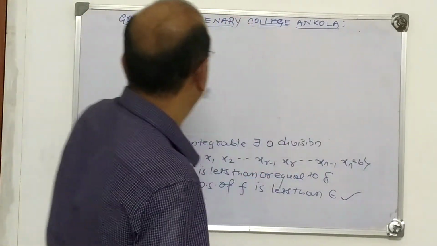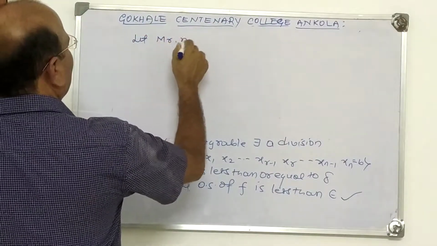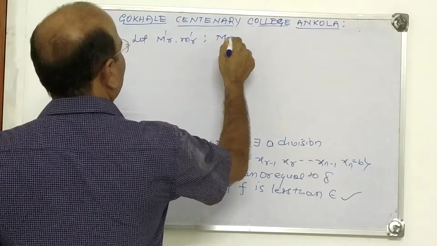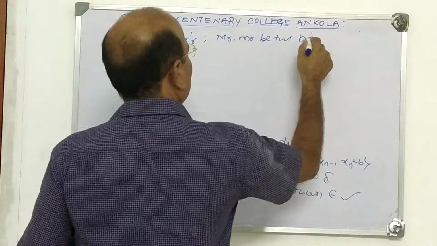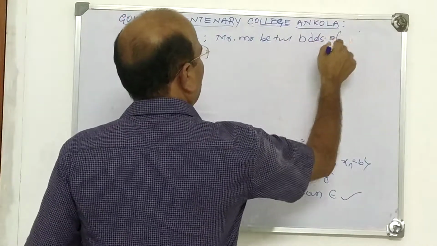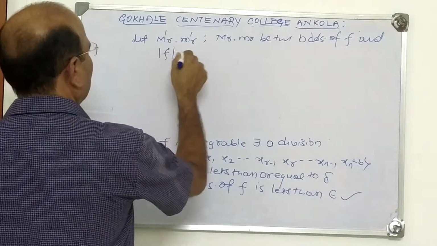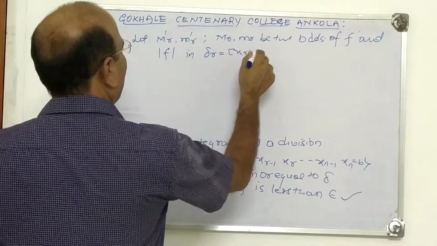For that, let capital Mr dash, small mr dash and capital Mr, small mr be the bounds of f and mod f in delta r. What is delta r?